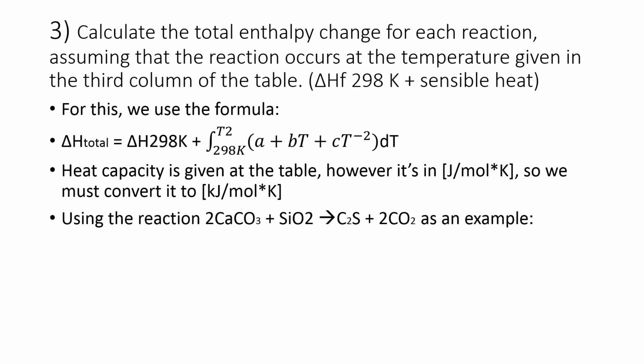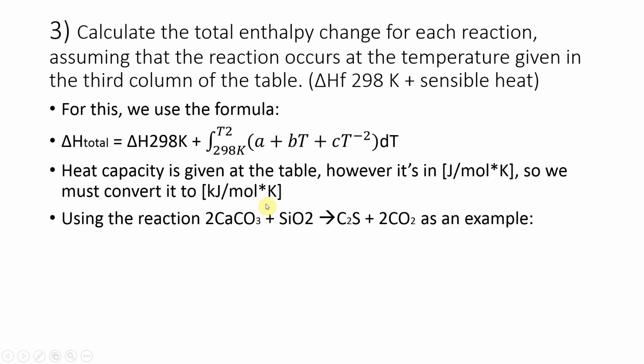Next question: calculate the total enthalpy change for each reaction, assuming that the reaction occurs at the temperature given in the third column of the table, delta H 298K plus sensible heat. So we have this base formula, which is delta H total equals the delta H 298K, which we got in the previous problem, and then we integrate from 298K, which is our reference temperature, to the temperature of the specific reaction, and we add the sensible heat, A plus BT plus CT minus 2, minus 2, dT.